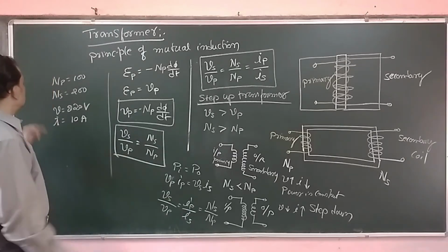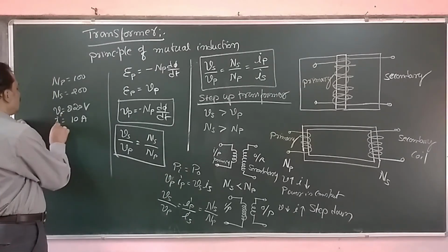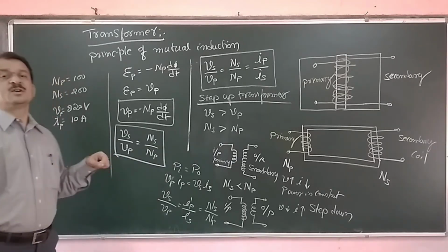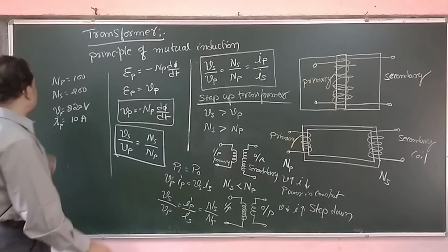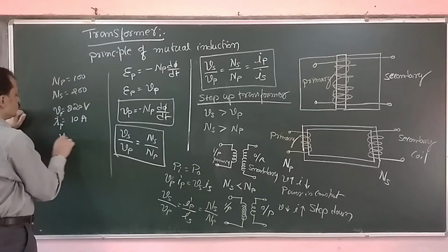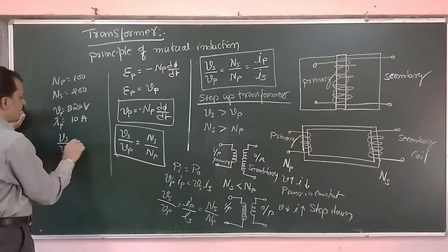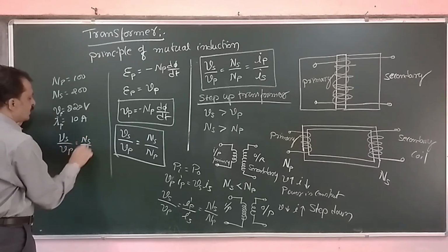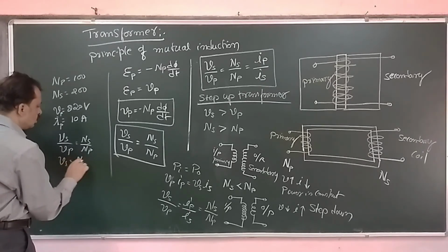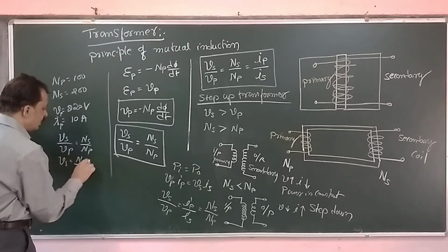Now this is Vp and Ip. Now you can work out what is output voltage and output current here. Since Vs by Vp is equal to Ns by Np, therefore Vs is equal to Ns by Np into Vp.